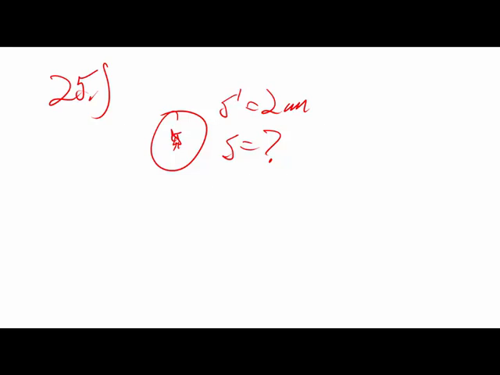We are using equation 18.7. S prime, the image distance, is the image; it appears there. This is the actual distance.